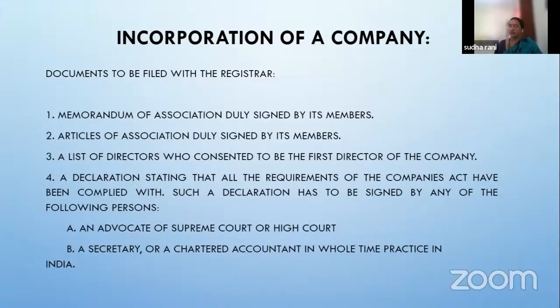The Memorandum of Association, which is to be signed by the members. The Articles of Association, which again is signed by its members. A list of directors who gave their consent to be directors of the company, and a declaration stating that the company has followed all the provisions of the Act in order to get incorporated.